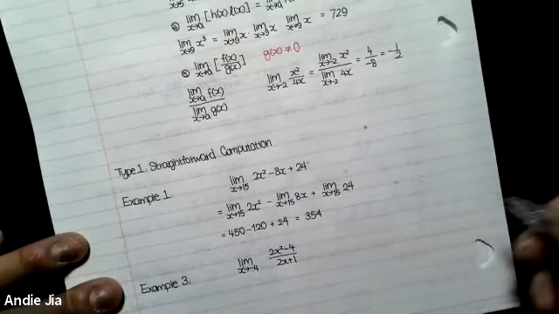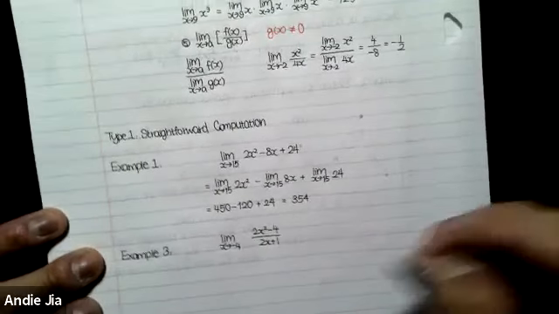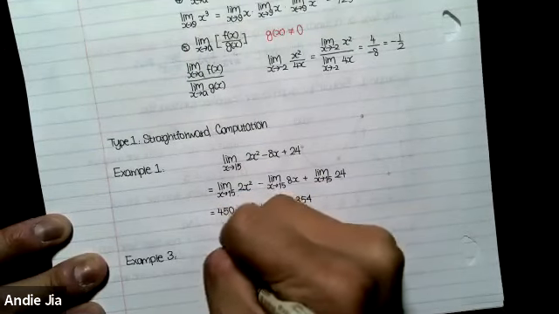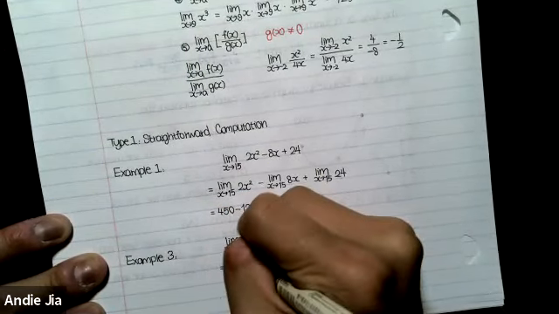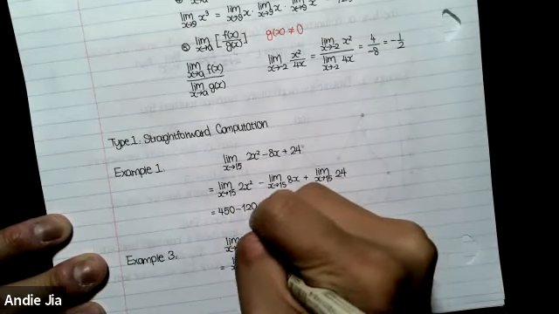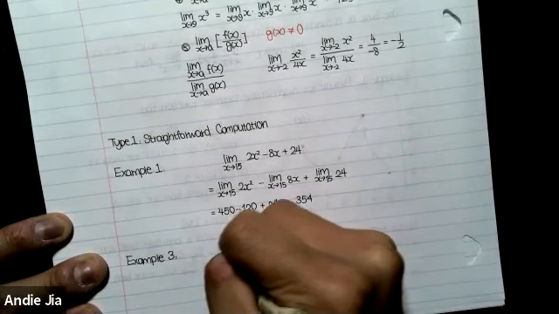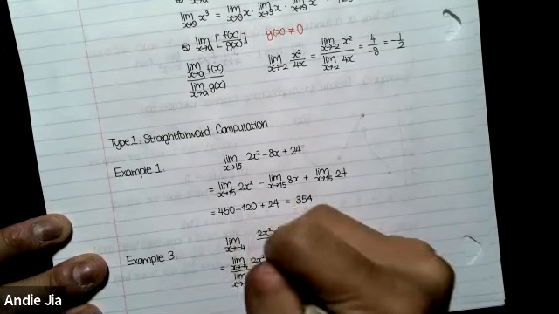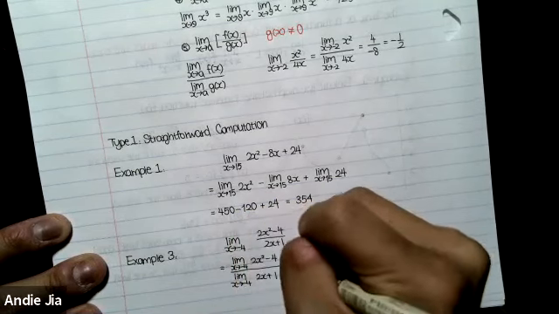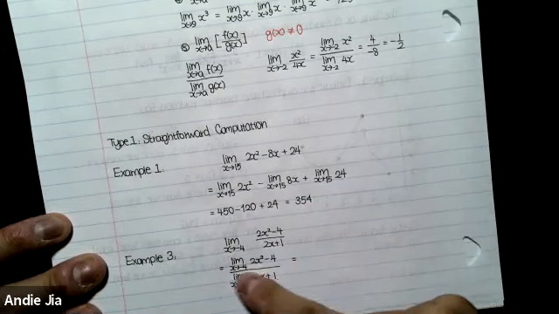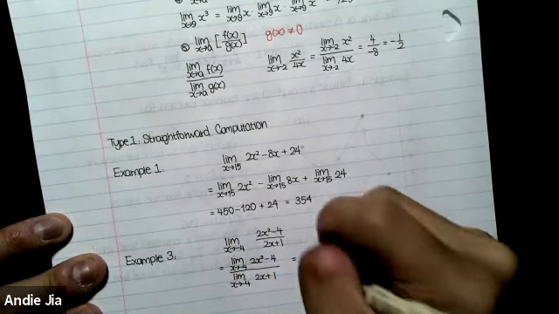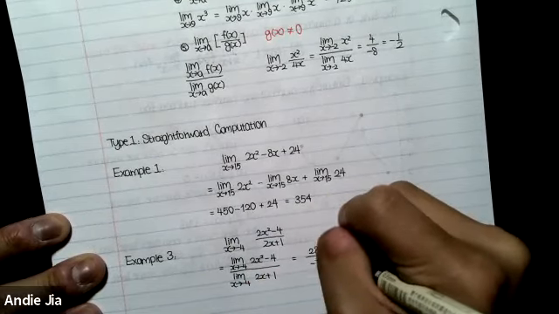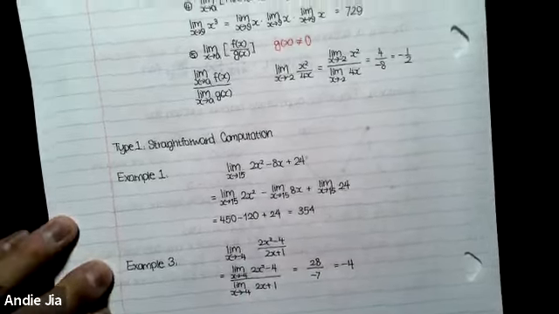The bottom is not a 0, so let's roll. We put in -4: 2x squared minus 4 over the limit as x approaches -4 of 2x plus 1 is equal to 28 over -7, so it's going to be -4. That's the limit.